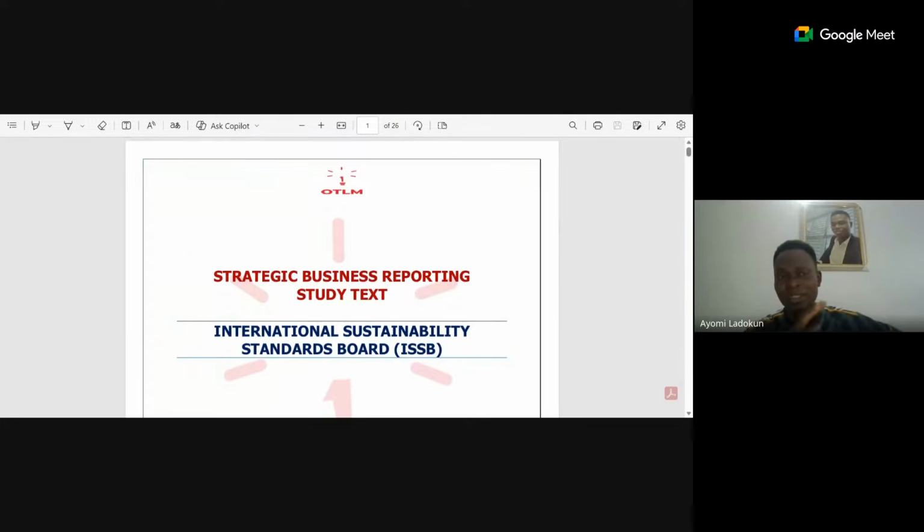So what they are doing is to now target companies because it is believed that the activities of companies are impacting the environment, for example, around emissions, greenhouse gas emissions, right? If you go to oil companies, there is pollution in the air and in the water. You go to pharmaceutical and chemical companies, virtually all companies are really impacting the environment.